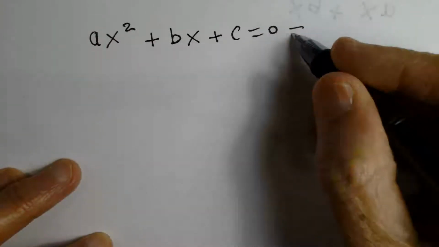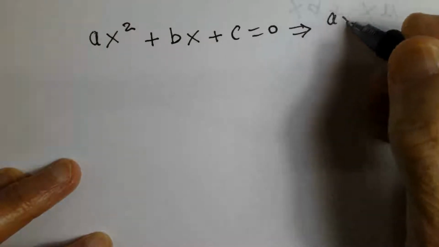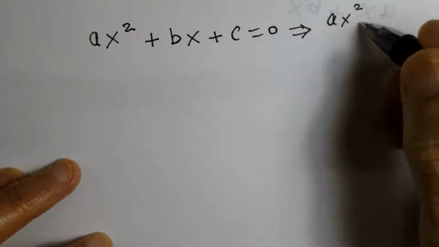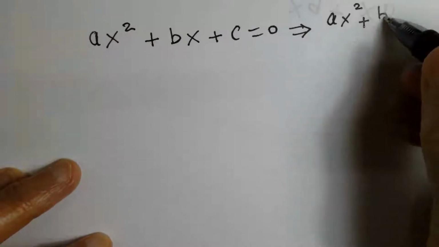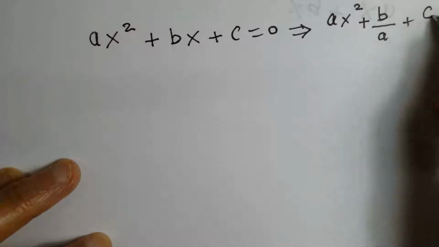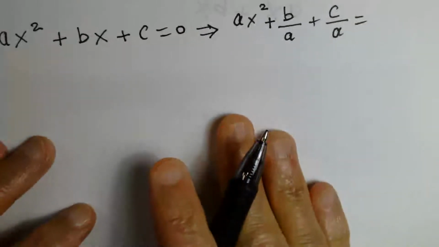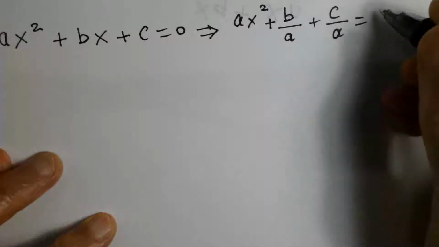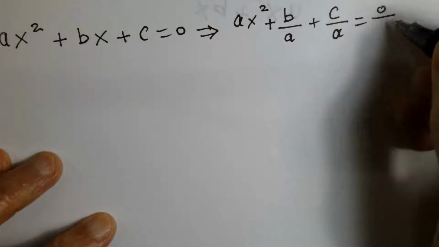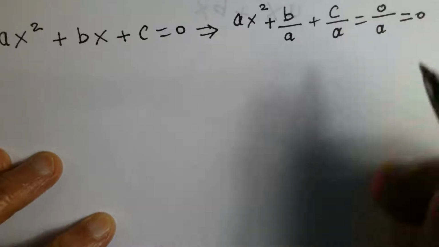If we do that, then we have x squared plus b by a x plus c by a equal to 0 divided by a, which is equal to 0.